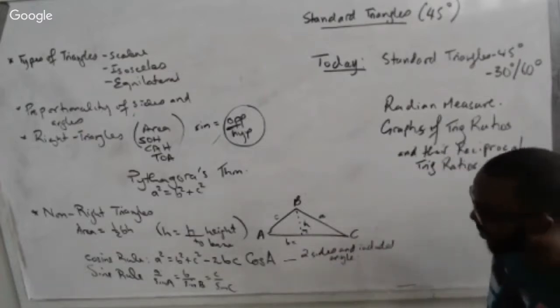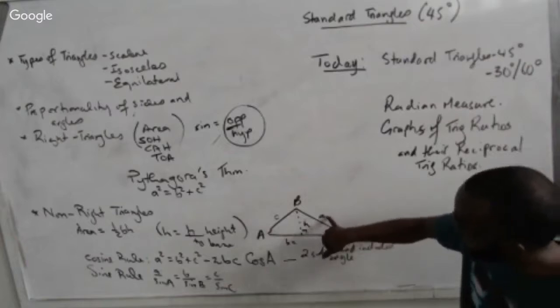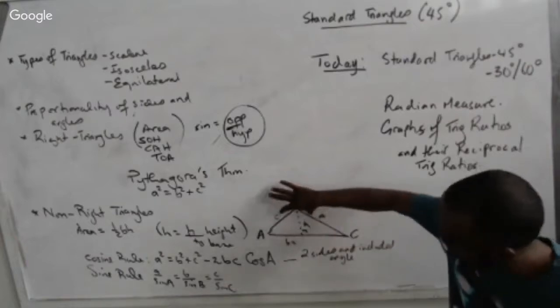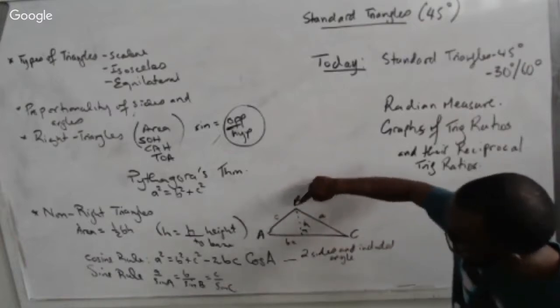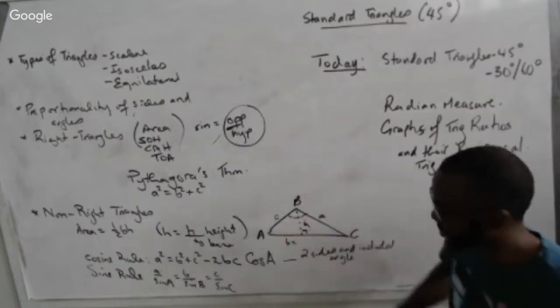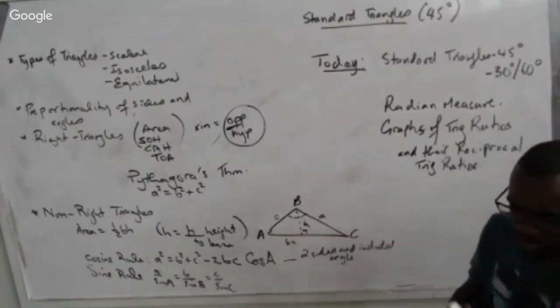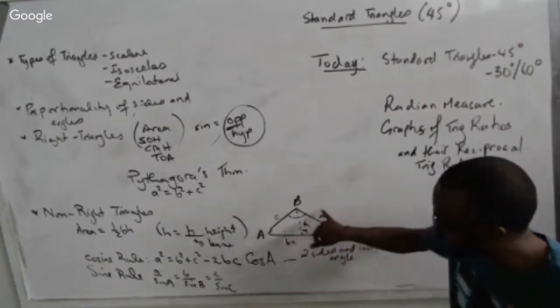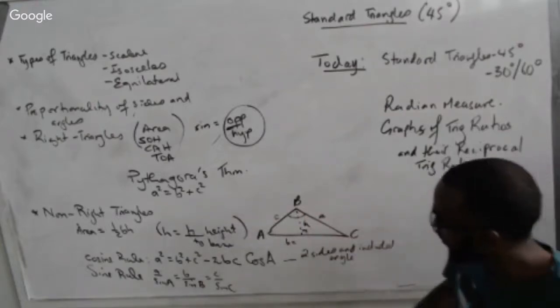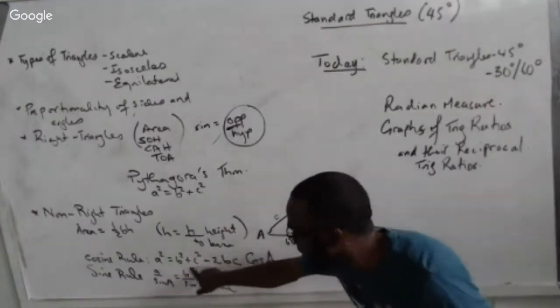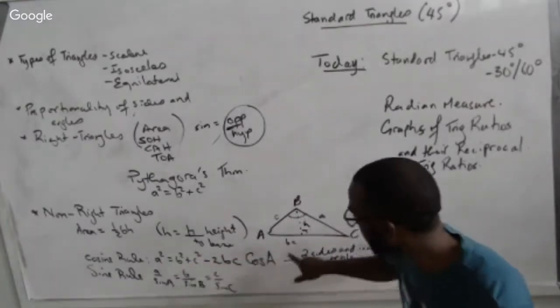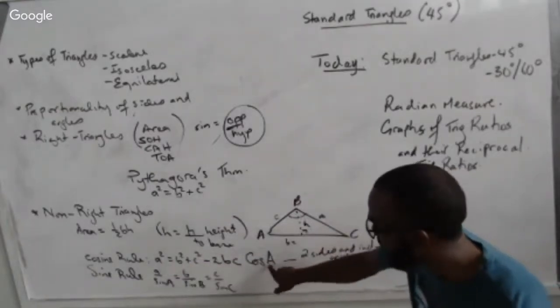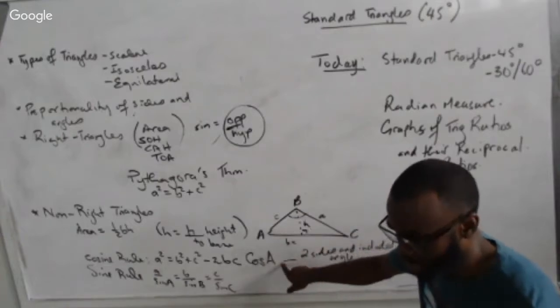What do I mean by included angle? I mean, if I use A and C, you see those two sides? The included angle is the one right here, the one that is formed by the two sides. So that's why I use A and C, or if I use B and C, like in this cosine formula, then the included angle will have to be A, you see? Does it work? Yes.